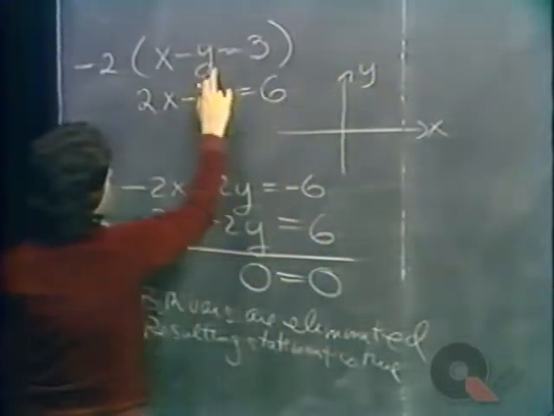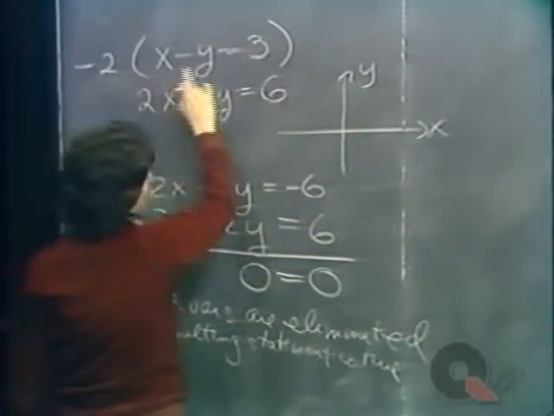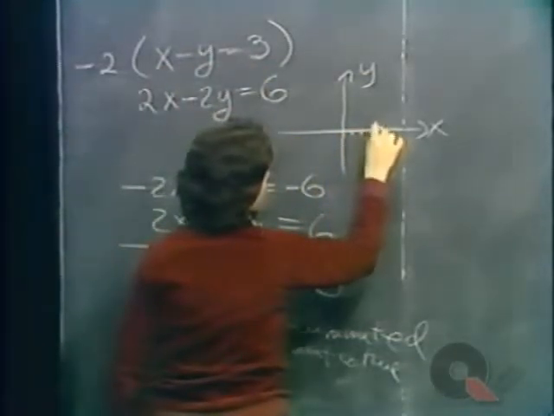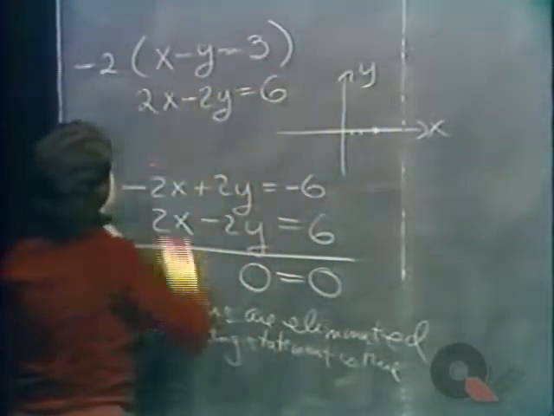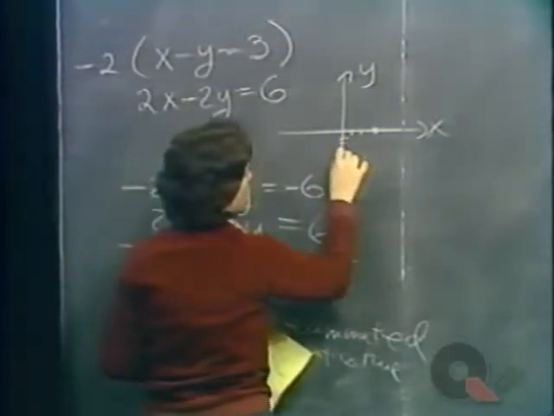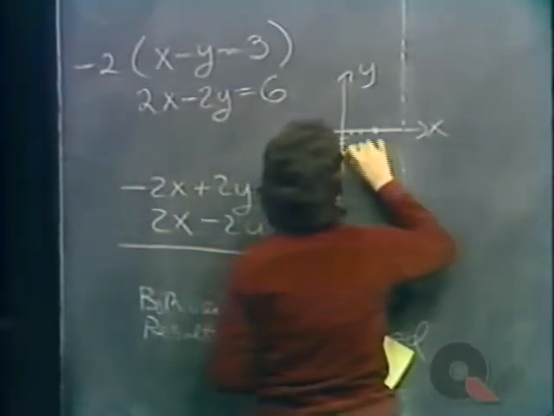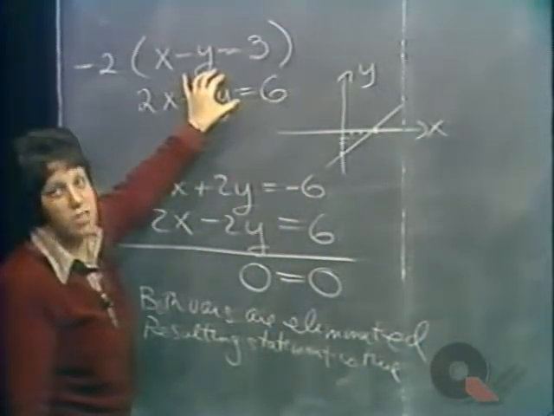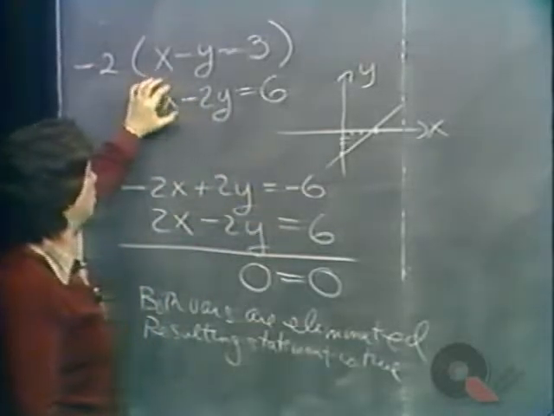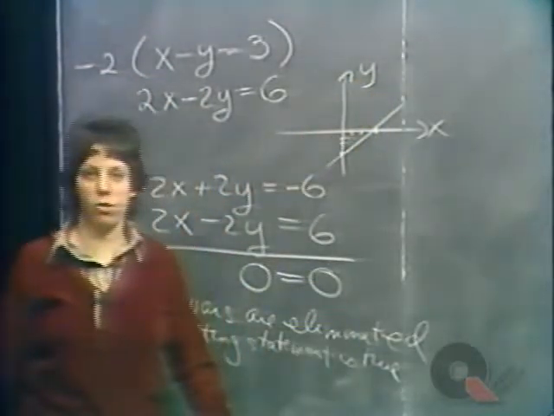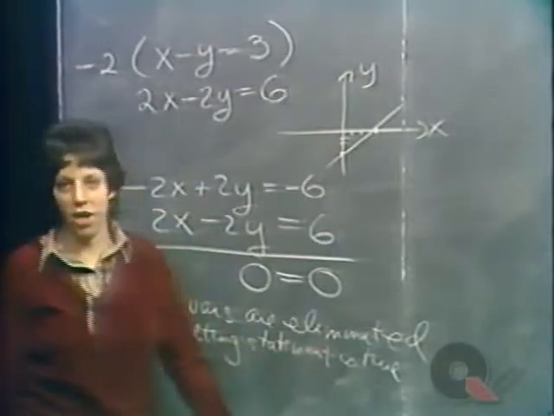If you look at the top one, if y equals 0, looking for the x-intercept, x equals 3. If x equals 0, y is equal to minus 3. And the bottom equation, of course, if y equals 0, 2x equals 6, x equals 3. If x equals 0, y is equal to minus 3. Of course, it has the same x and y intercepts. It is the same line.